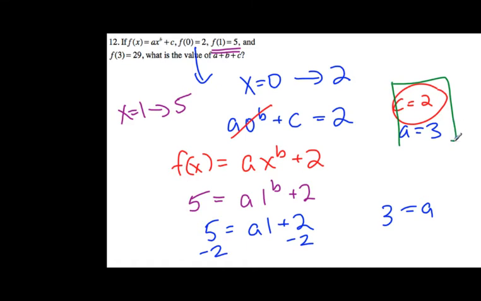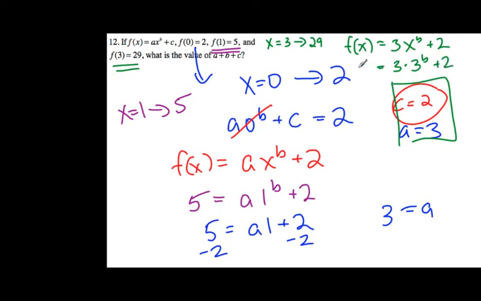So now we have these two. Let's start up here. We have f of x equals, we know that a is 3, 3x to the b plus 2. The next condition says that when x is equal to 3, we get 29. So we're going to plug in when x is 3, so you get 3 times 3 to the b plus 2, we're going to get 29.